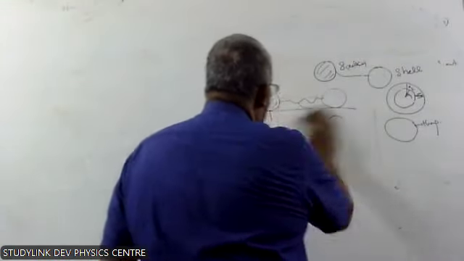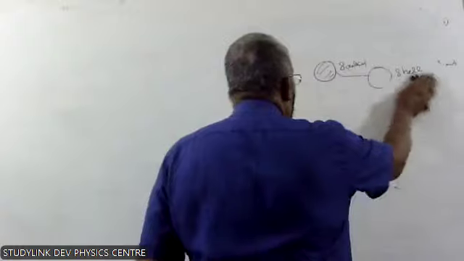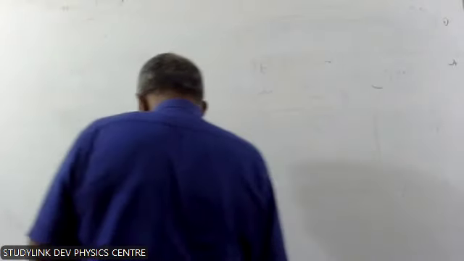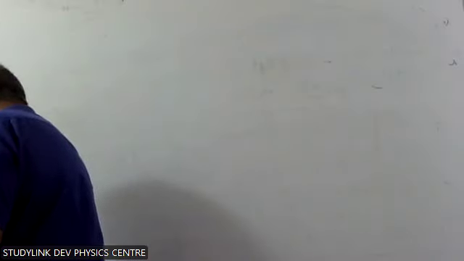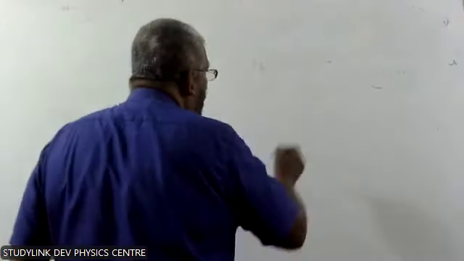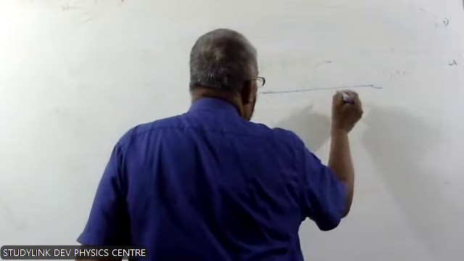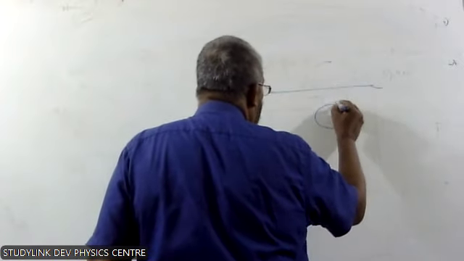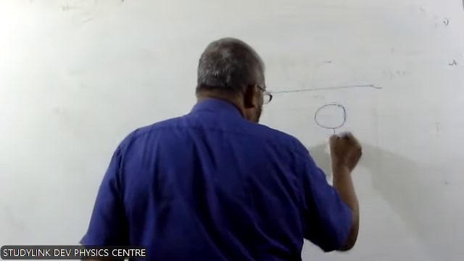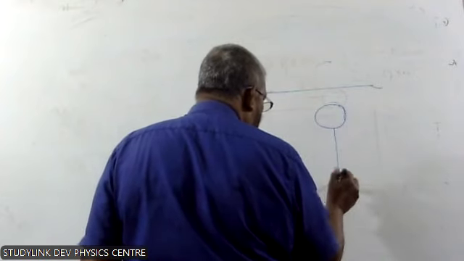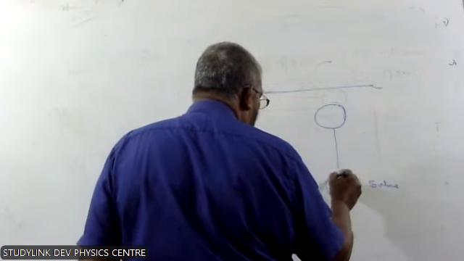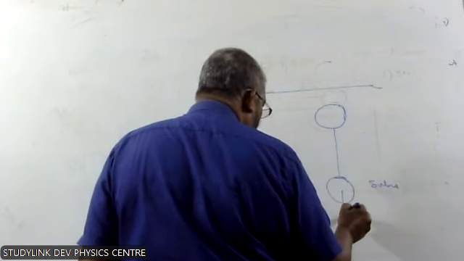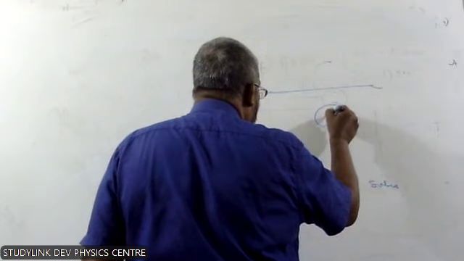Now I will draw the forces exerted on this. When two spheres are there, one is solid and the other one is hollow. The hollow one, or shell, is here. The other one is the solid one. Anyhow, this has a mass, this has a mass.